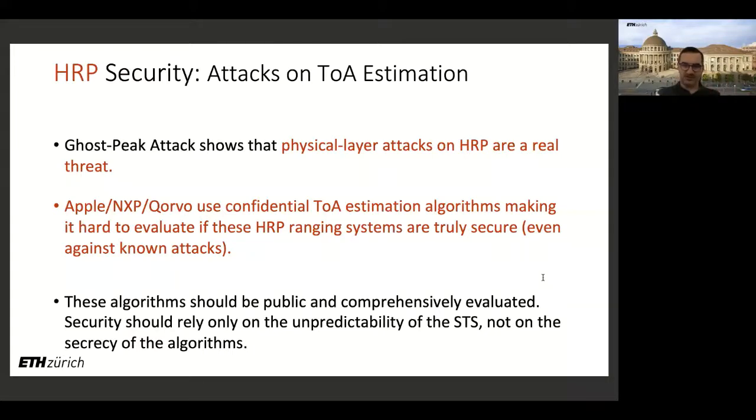So we know that there is some autocorrelation being done, and we know that such ranging systems need to be looking for an early path. But what we don't know is how the thresholds are set, what kind of other features they are looking for in this autocorrelation sequence. So we don't know, right?